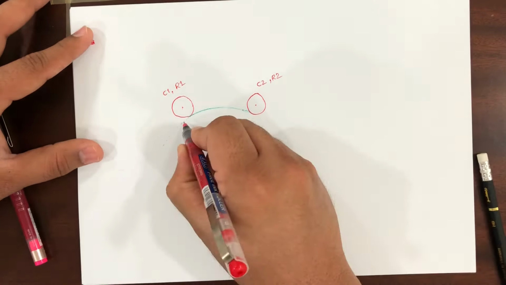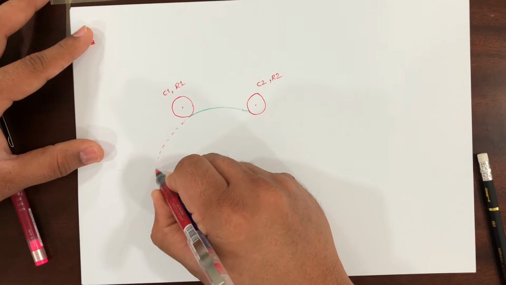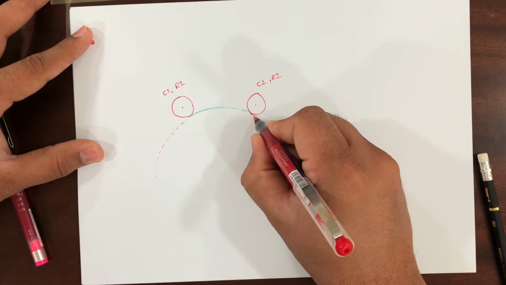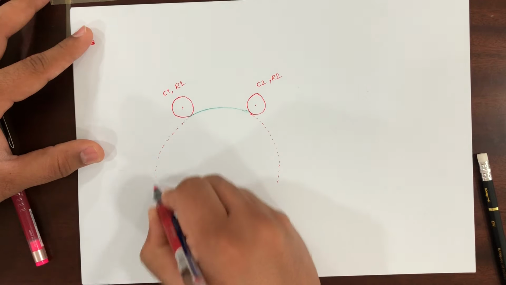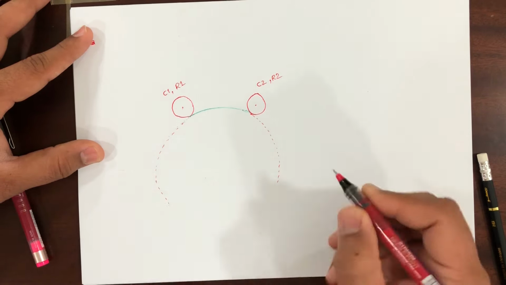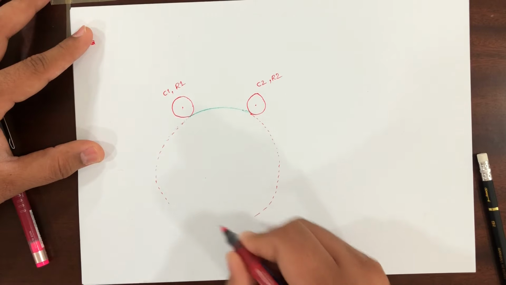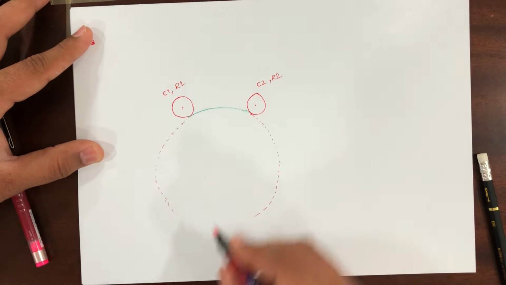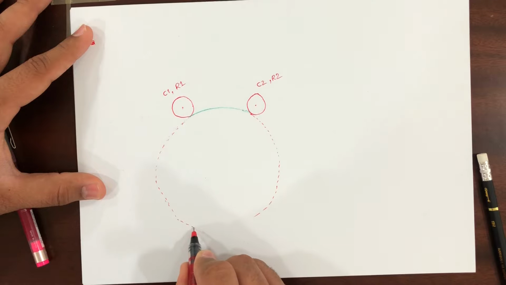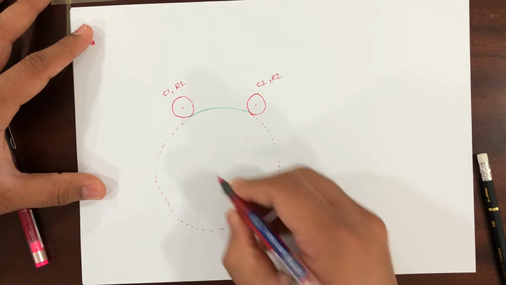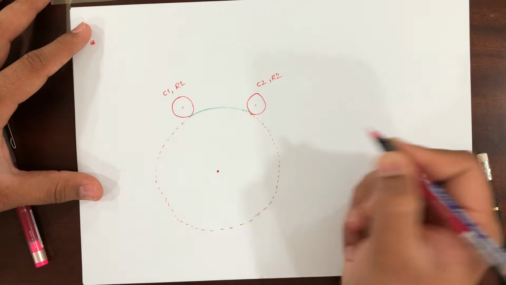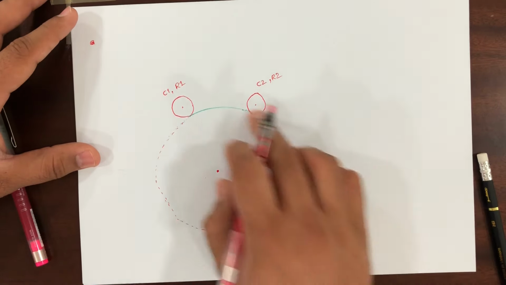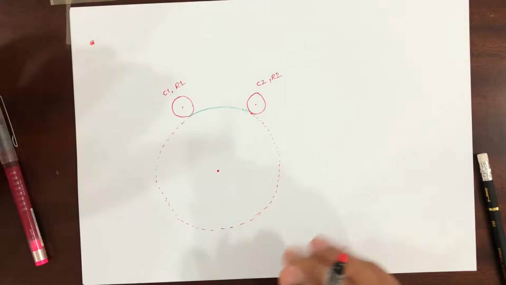If you extend this tangent, one more circle will form.